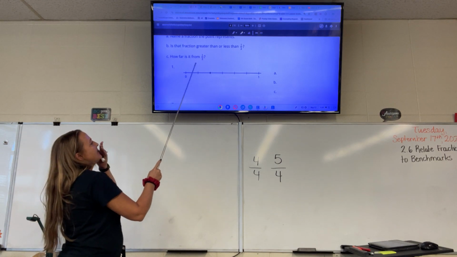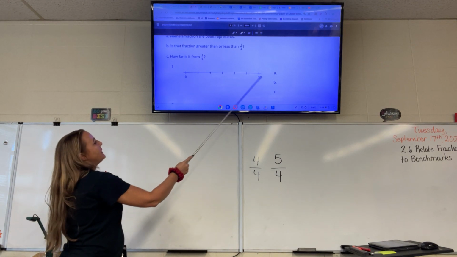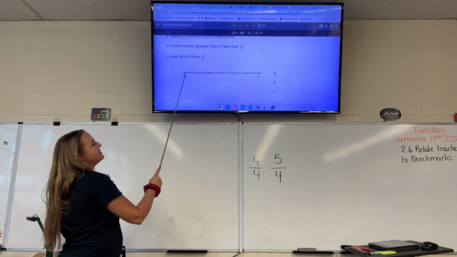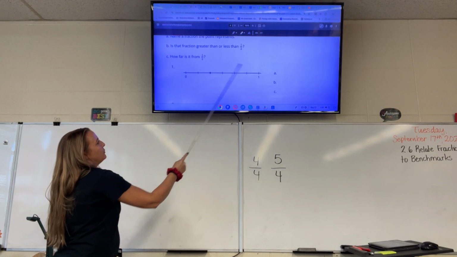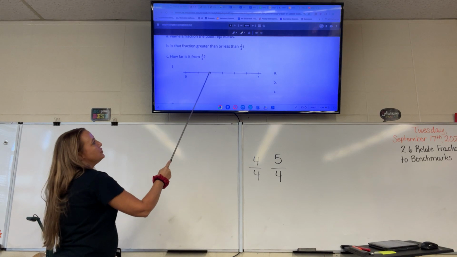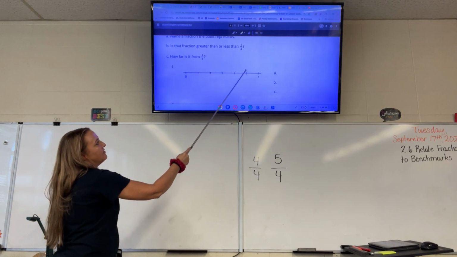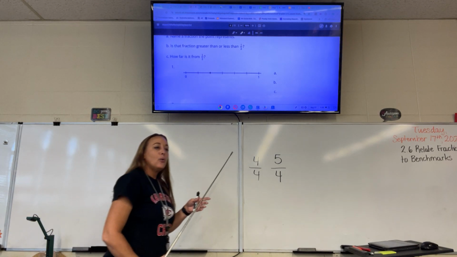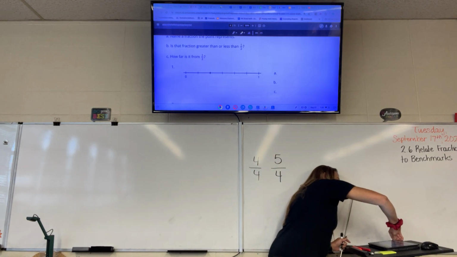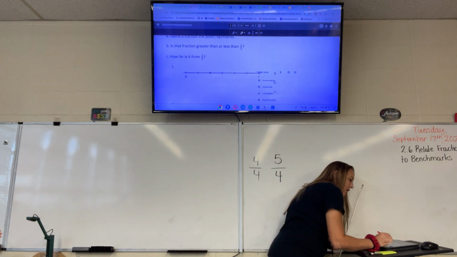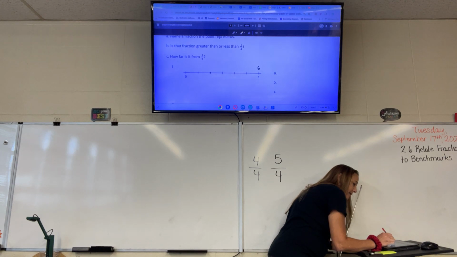All right, let's do this. Okay, we've got a 0 here and a 1 here. Let's count how many sections there are between 0 and 1 whole. So we have 1, 2, 3, 4, 5, 6. So our denominator, sit up guys, our denominator is going to be 6 on all of these. Okay?